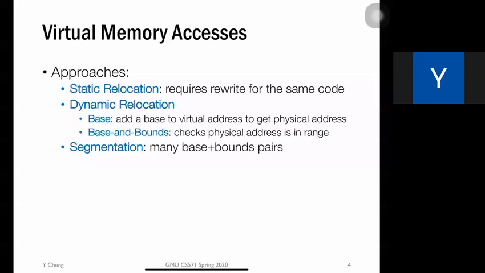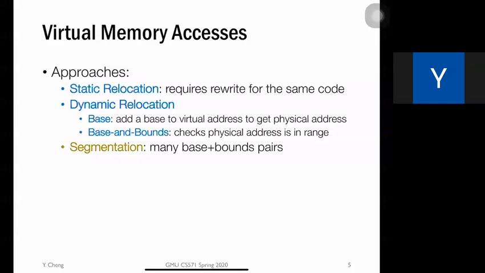And each such memory partition is called a segment. For each memory segment, the operating system maintains a pair of base and bounds values to confine the memory accesses for each and every memory segment that belongs to a particular running program, a particular running process. So this is the segmentation approach.